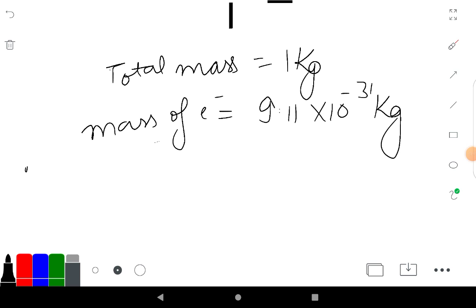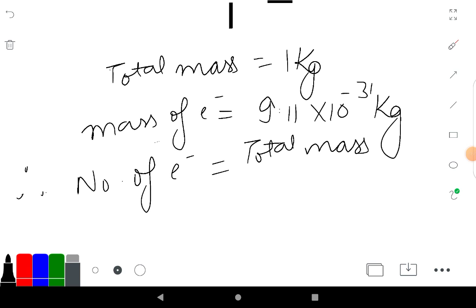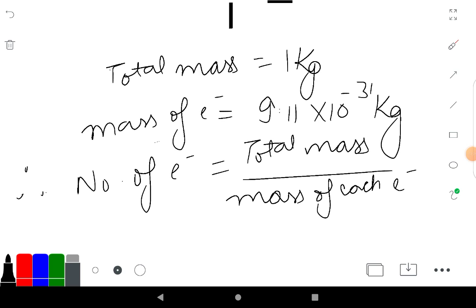Now the formula implies that the number of electrons will be total mass upon mass of each electron, that is 9.11 into 10 to the power minus 31.